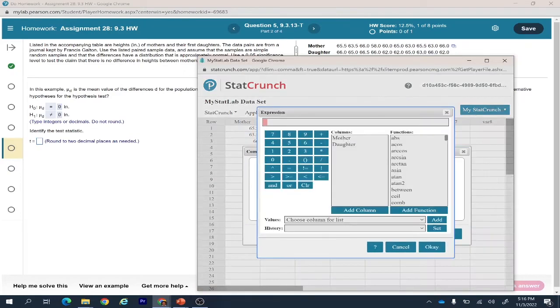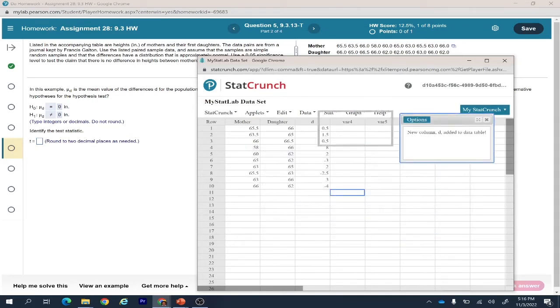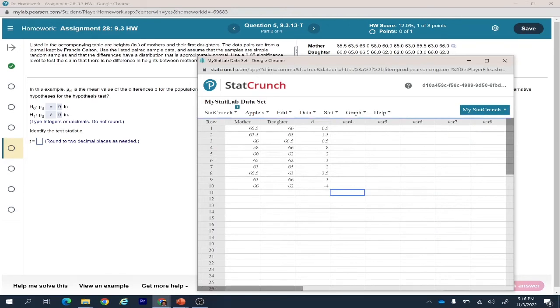So just click Build and select the data for daughter and minus mother. So we would like to calculate daughter data minus mother data, and then just click OK. And now name that column D. D stands for the difference. When we do that, it will create the difference between these two data.